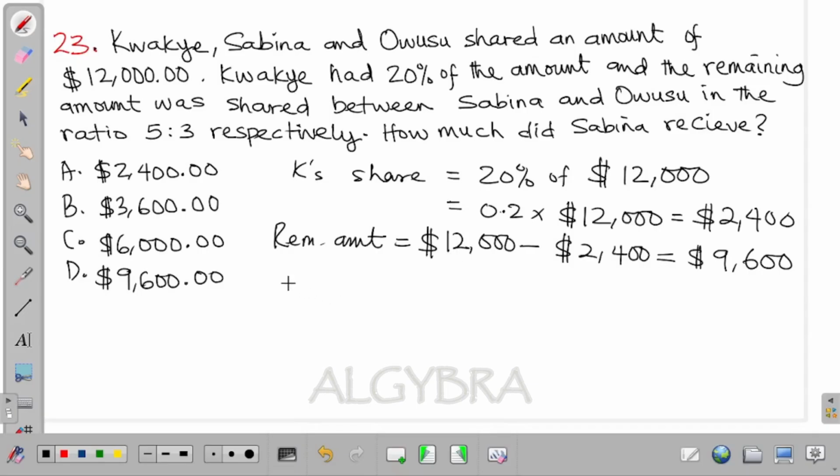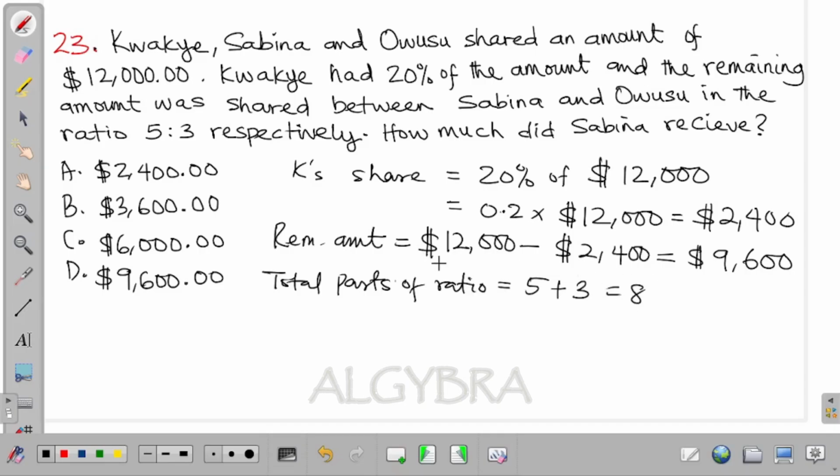Okay, so now we are given that the remaining amount is in the ratio of 5:3, right? So that means the total parts of the ratio is going to be equal to 5 plus 3, which is equal to 8.